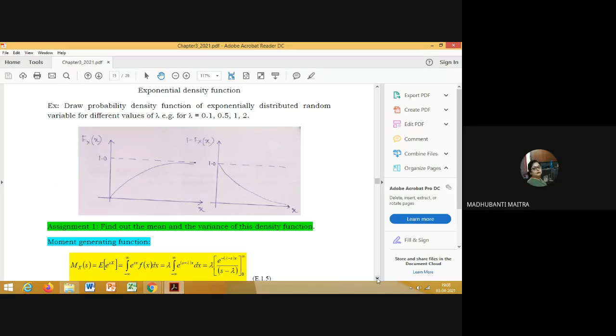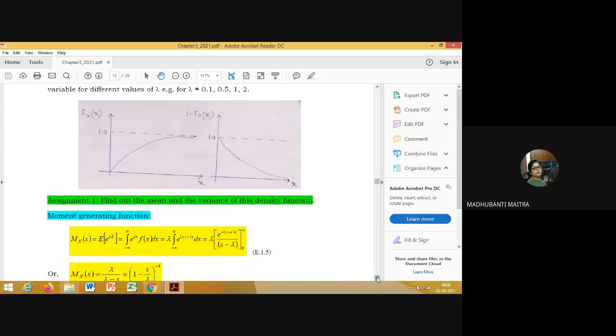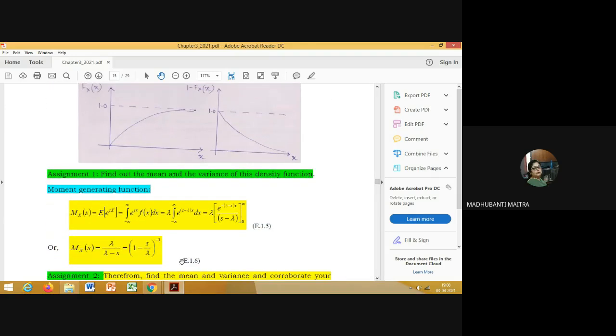Okay. Now next, let's discuss the moment generating function for this exponentially distributed random variable. From the definition, we know that the moment generating function M_X(s) will be equal to the expected value of this function of the random variable, which is e to the power sx, and hence it will be given by the integration from minus infinity to infinity.